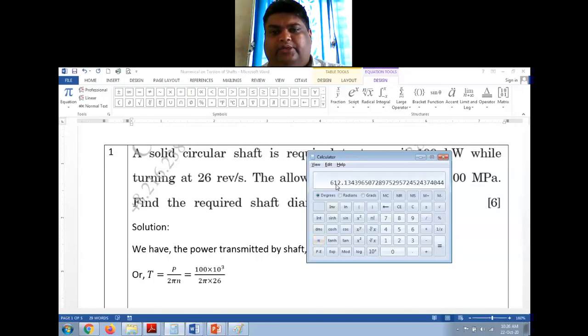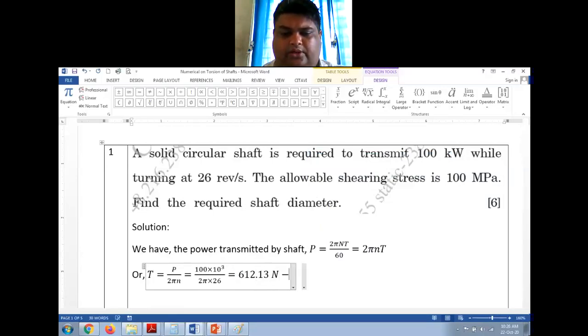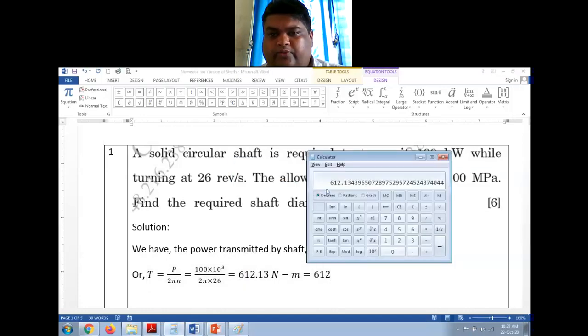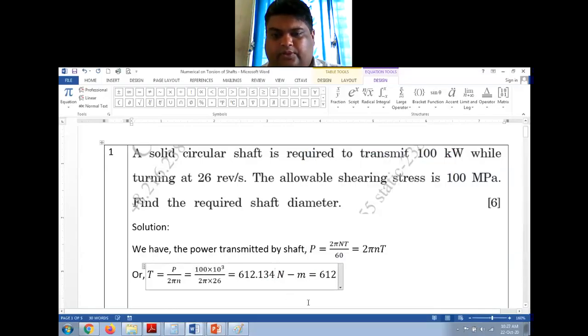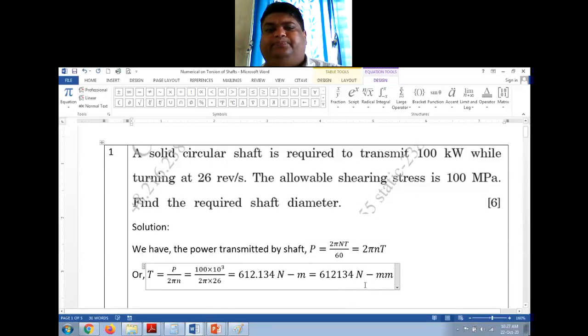So the torque transmitted is 612.13 Newton meter, which is equal to 612.134 Newton mm, because I can directly find the shaft diameter in mm if I put it in Newton mm.